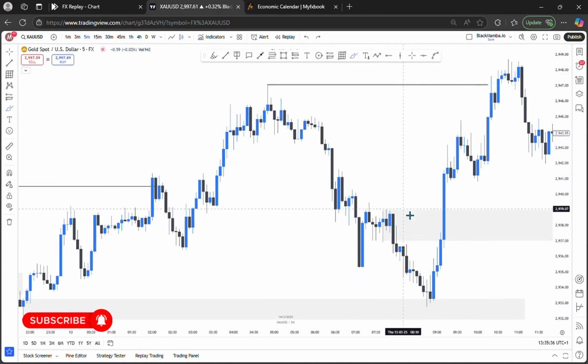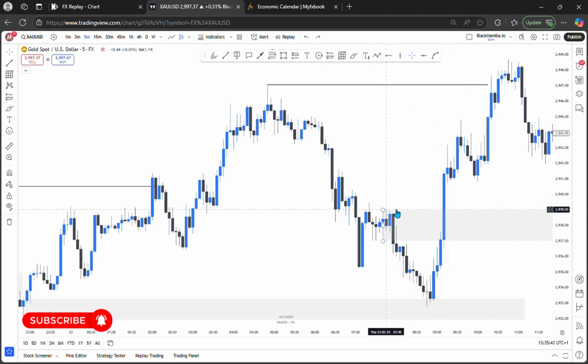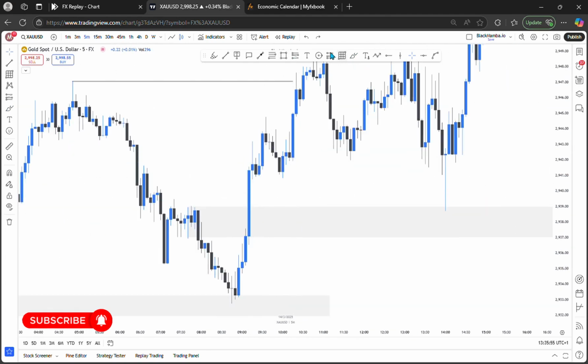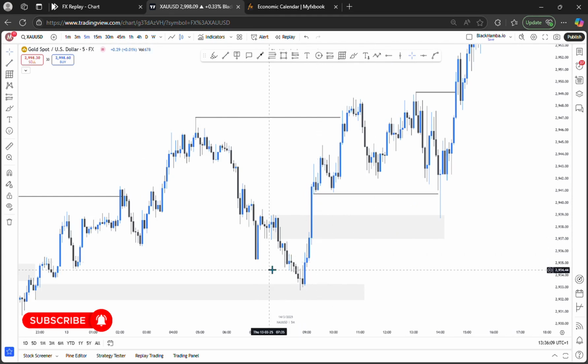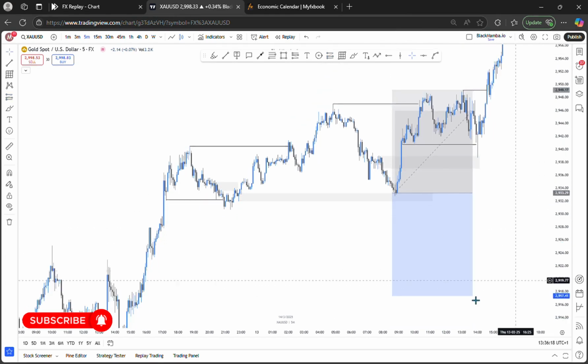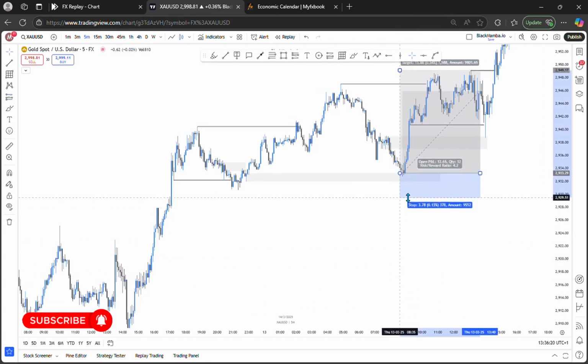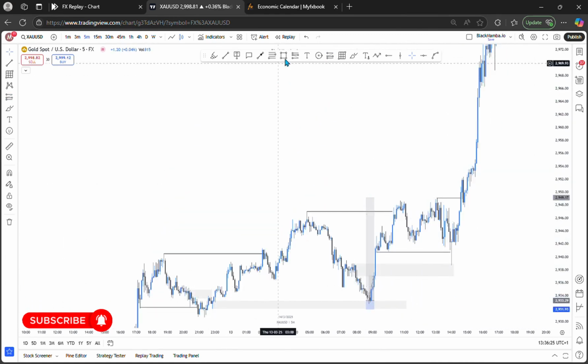So price failed to respect this zone, violated it aggressively, then leaving us with a breaker block, and this was the liquidity that price came to target. So this is like a confirmation entry. You can engage from here as a risk entry, or you can wait for price coming back.